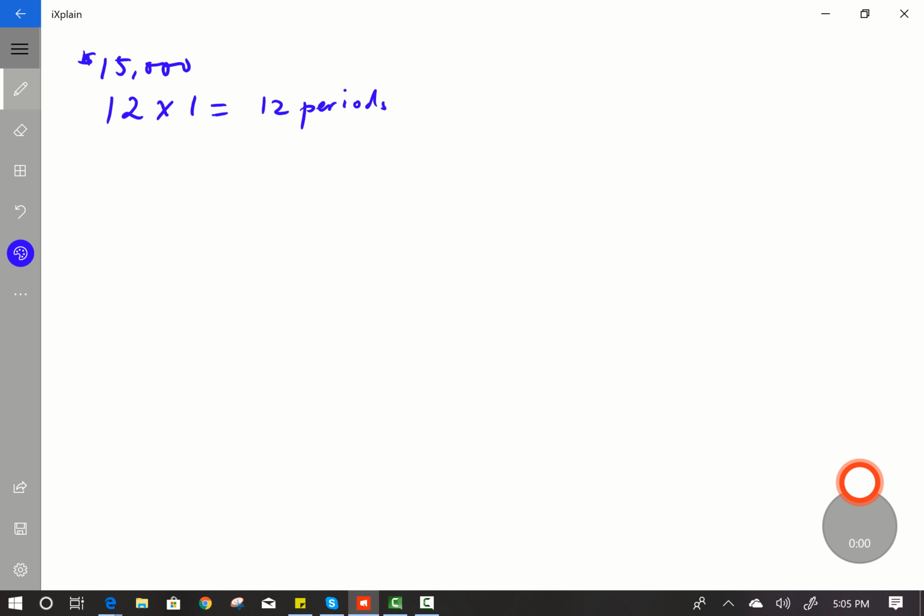And then the rate is 3.5% divided by 1, which is equal to 3.5%. So we are going to find the corresponding factor of 12 periods and 3.5% on a future value table.